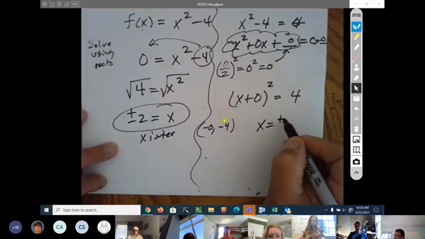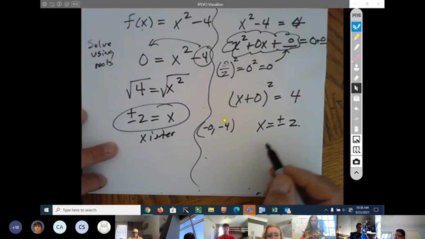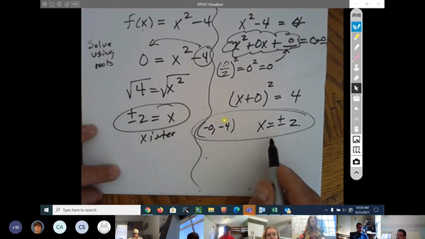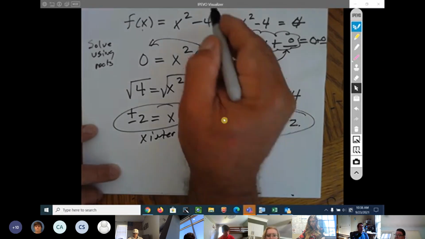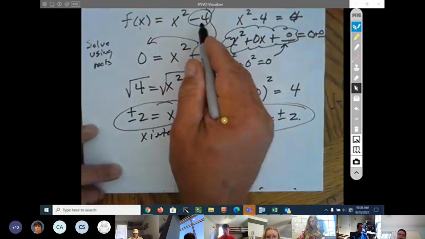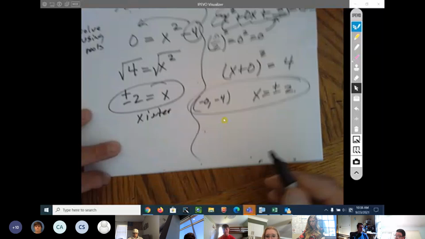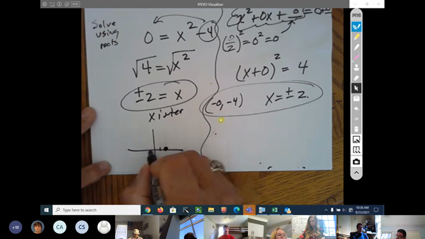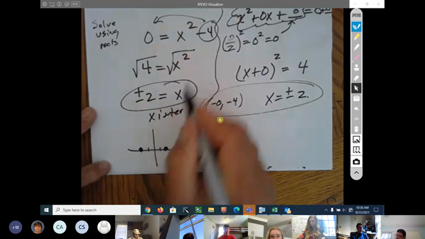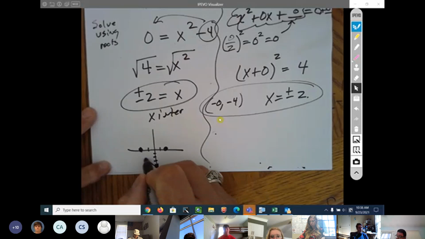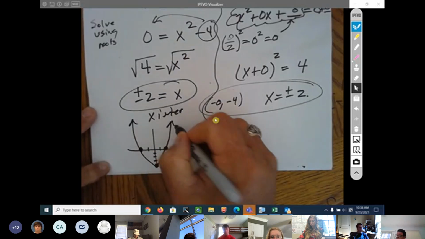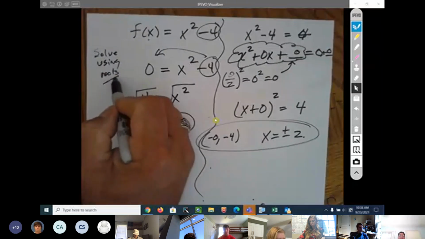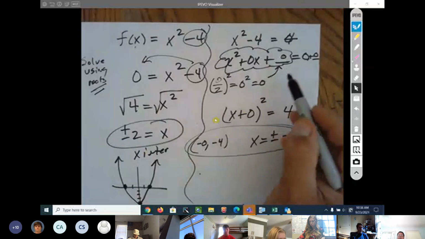You get x is equal to positive or negative 2. The y-intercept in this case is the vertex. So you take your handy-dandy sketch, 2, 2, and negative 4. There's your intercept. So you can solve it by doing roots, or by completing the square, either way.